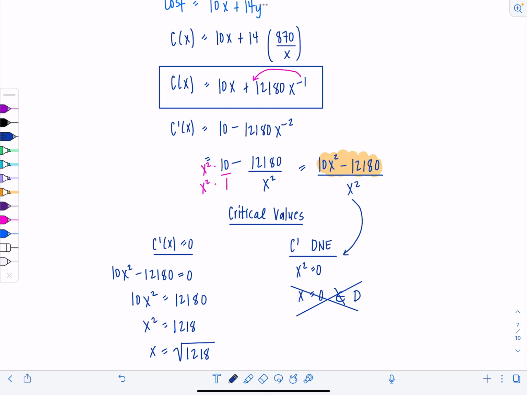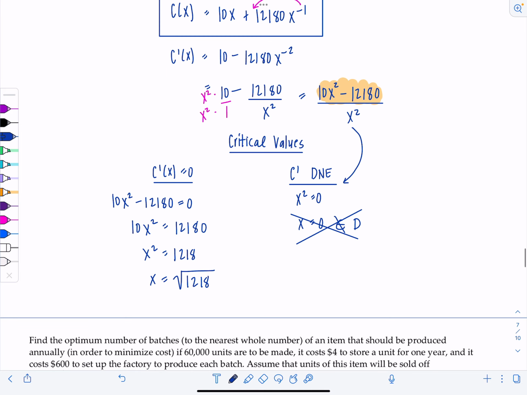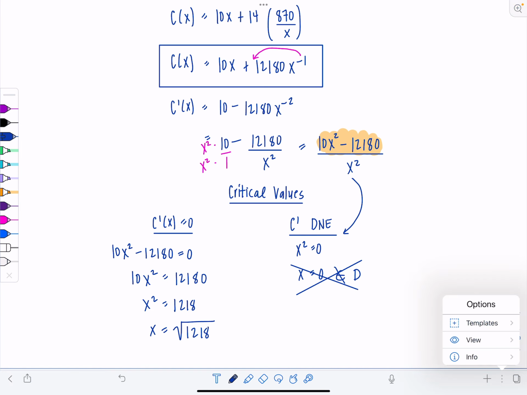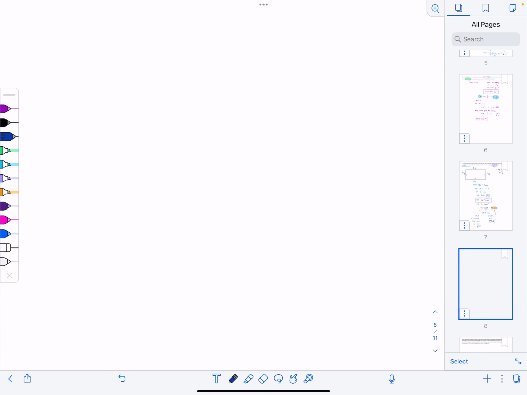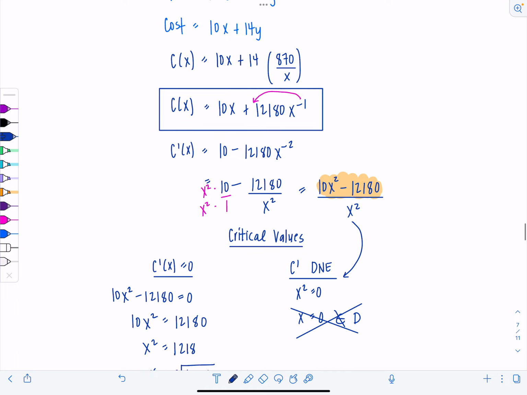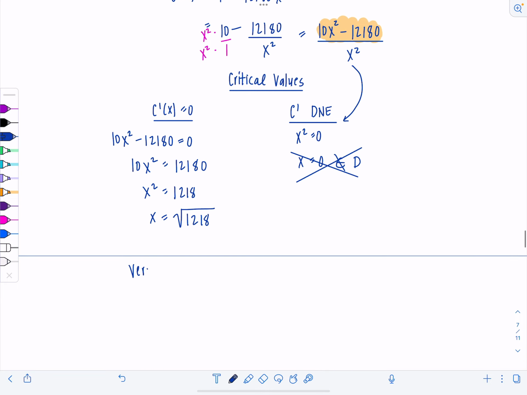Okay. So from here, what we need to do is verify that that yields a min. And let me add a little page since I'm out of space here. Okay. So verify that x equals rad 1218 yields the min cost. And again, second derivative test.